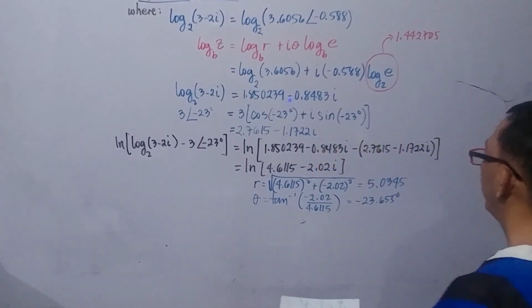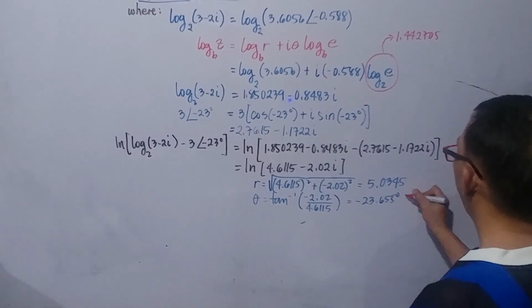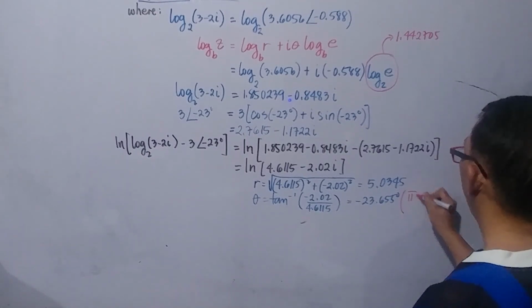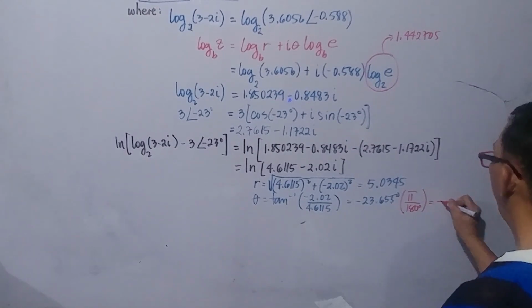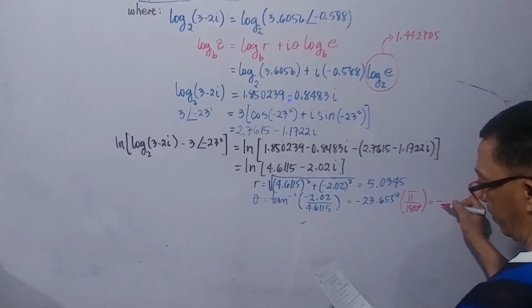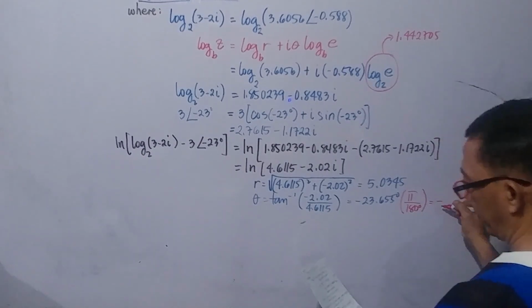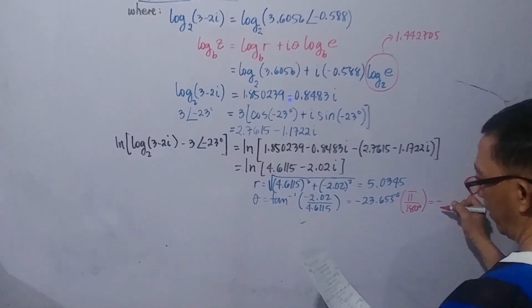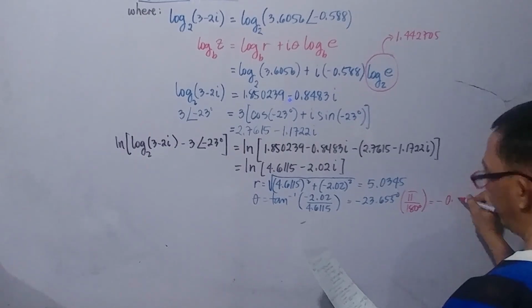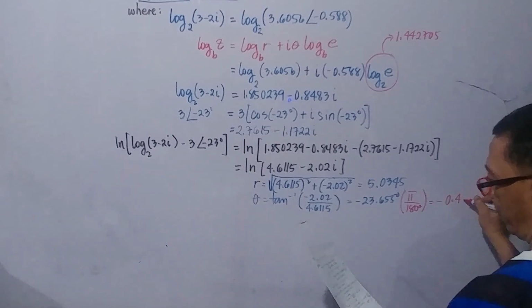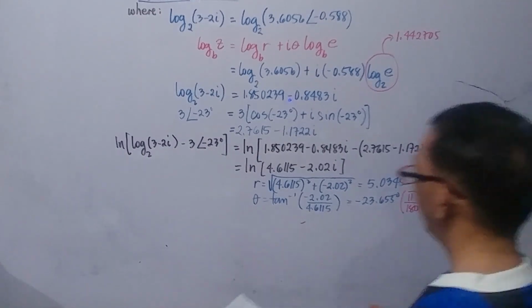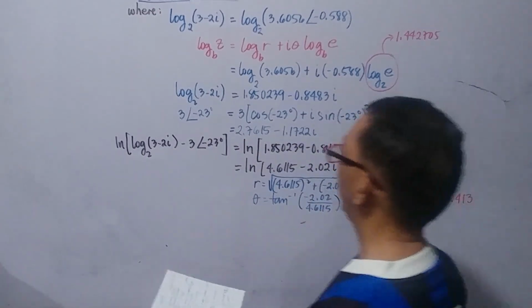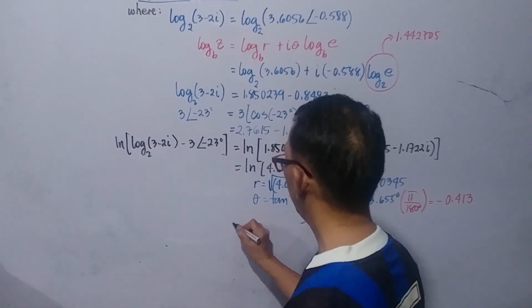You convert it to radian, so we have now negative 0.413.